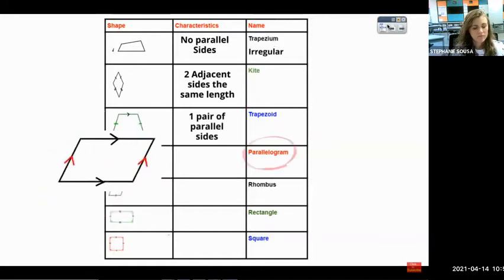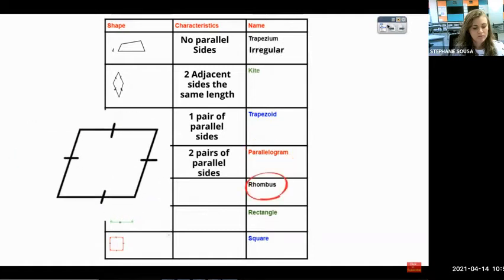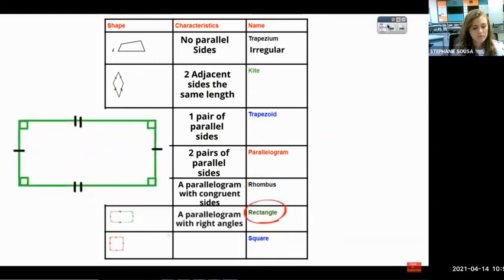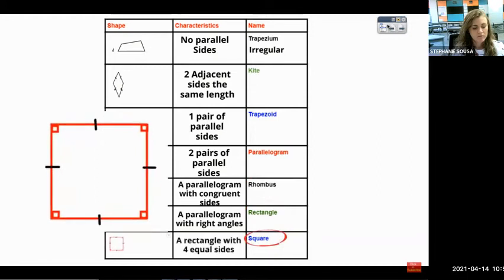Next, a parallelogram has 2 pairs of parallel sides. Now, a little bit more specific, a rhombus is a parallelogram with congruent sides. A rectangle is a parallelogram with right angles. And then a square is a combination of both. It's a rectangle with 4 congruent sides.